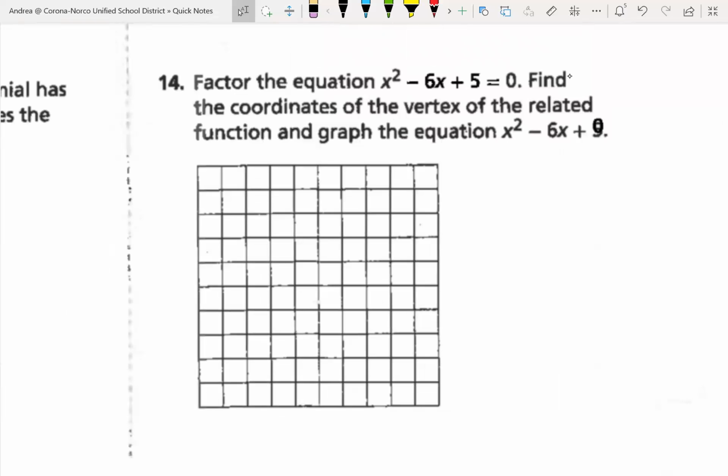We're just going to graph this. So number 14, graph that one for us. On the back, find that. Use the steps to look back and forth.